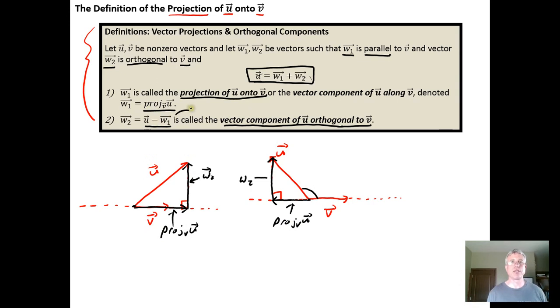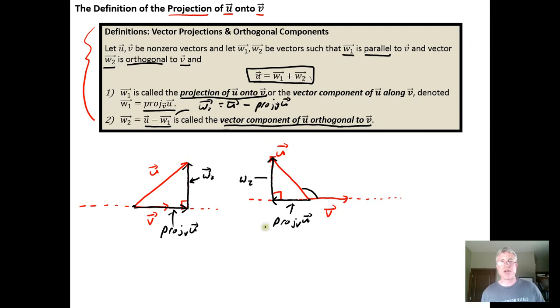So another way to write this is w sub 2, the orthogonal component of u, is just going to be the vector u minus the projection of u onto v. And it makes sense that it would be orthogonal if you think about it. You subtract from u everything that's parallel to v, and what's left is going to be orthogonal.